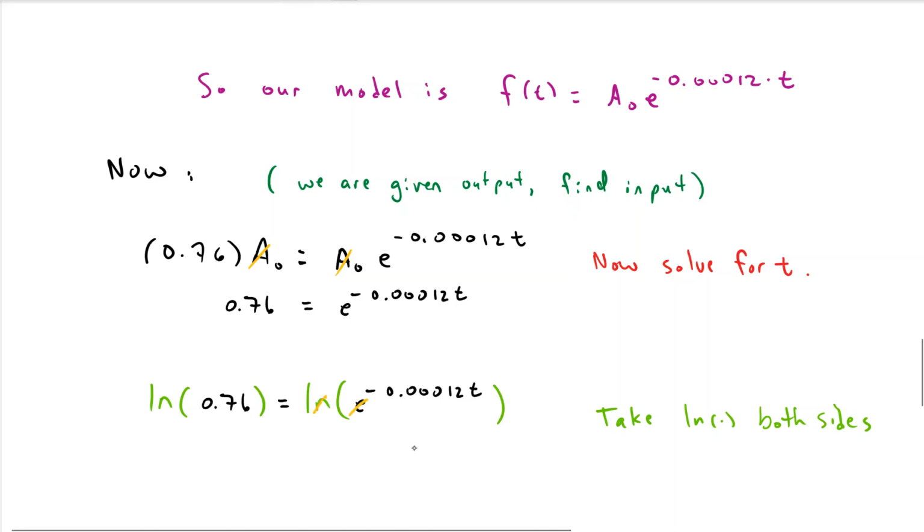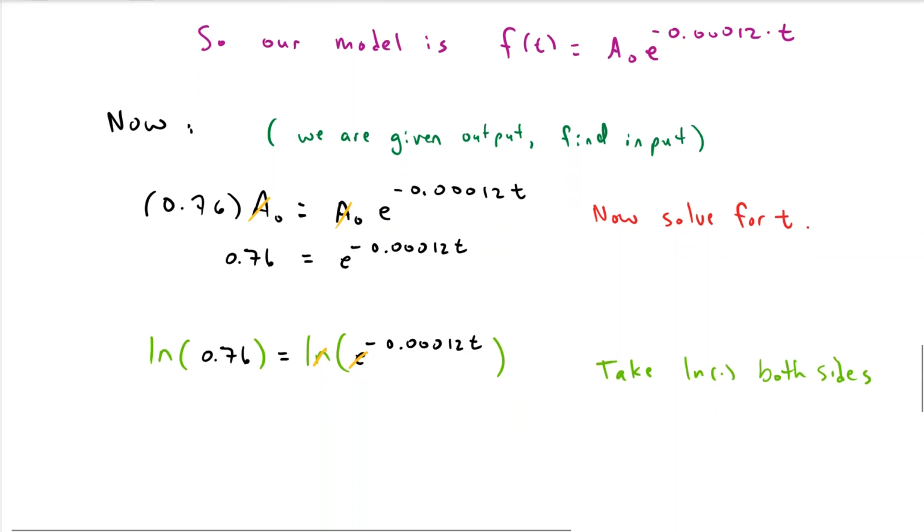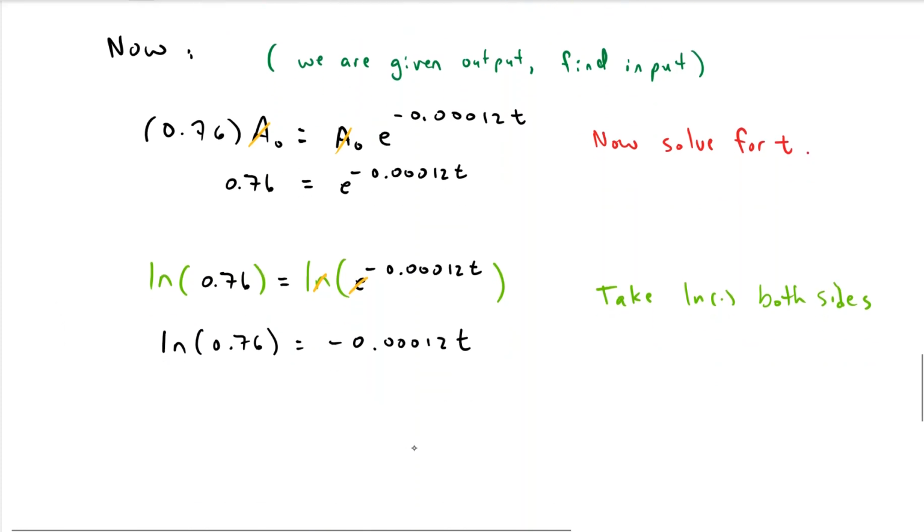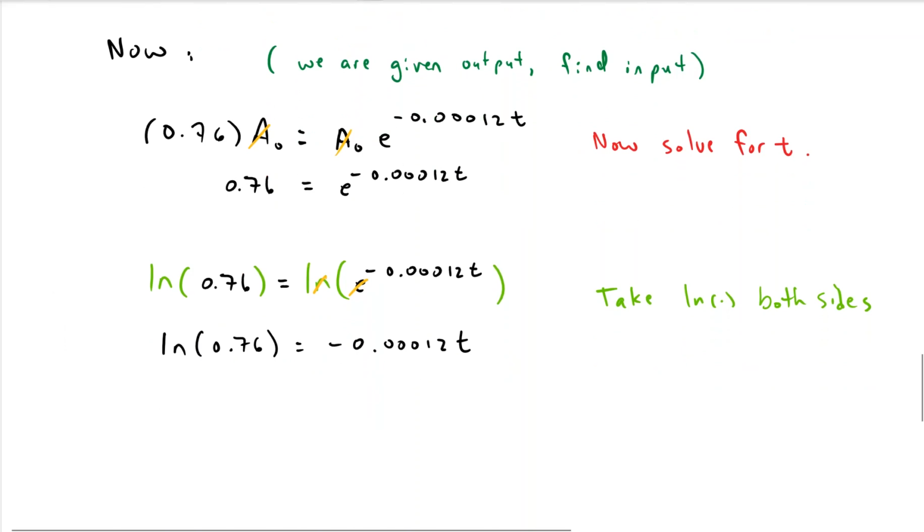What happens on the right-hand side, the ln and the e cancel, and we're left with the ln of 0.76 equals negative 0.00012 times t. And now we're going to divide away what we don't want, right? So we divide both sides of the equation by negative 0.00012.